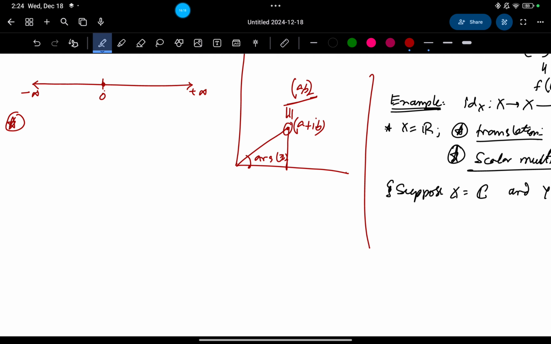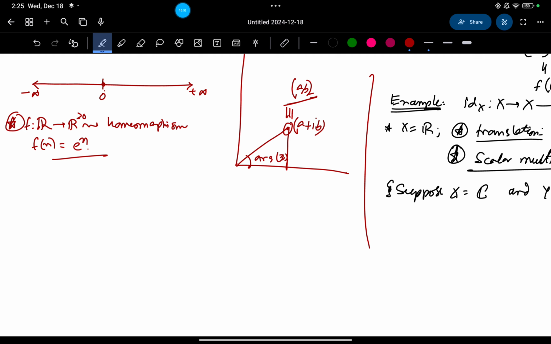Homeomorphism, let's say from R to R strictly larger than 0. So what homeomorphism can we define? We can define f(x) equals e to the power x, because you always know that the exponential function is never 0 or negative, it is strictly positive.